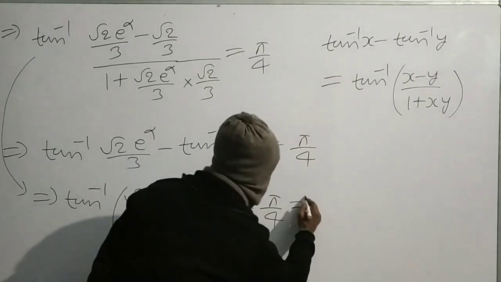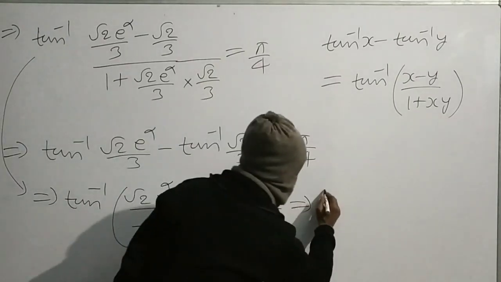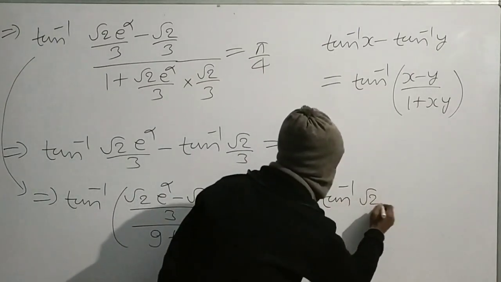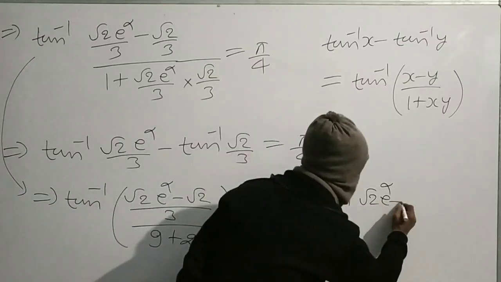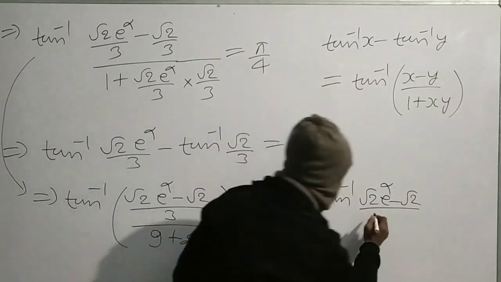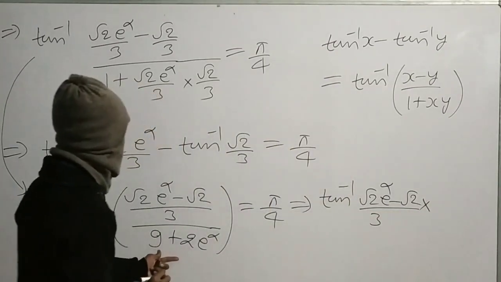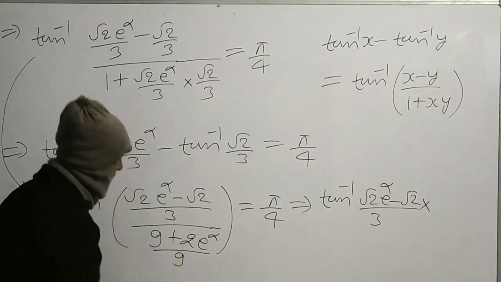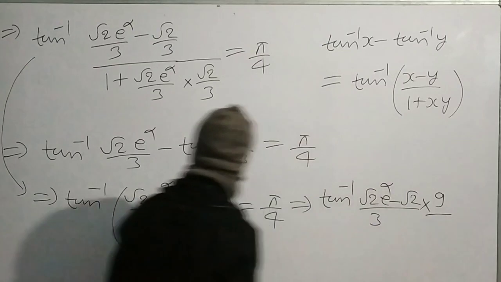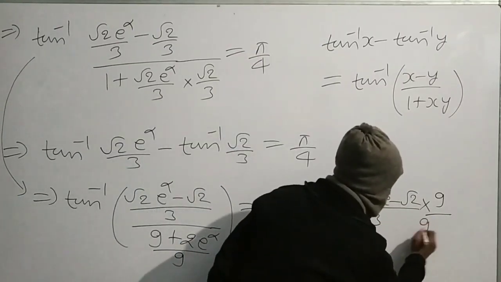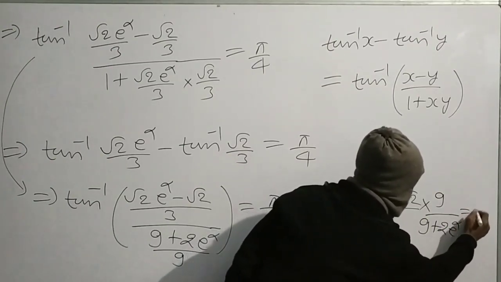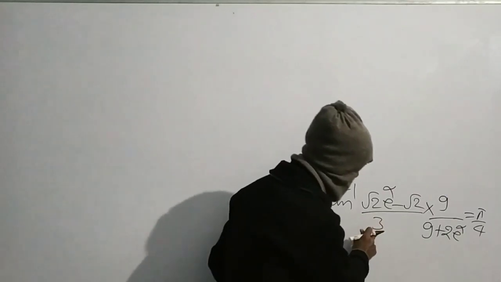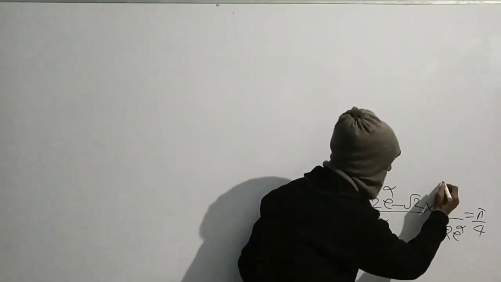This implies tan inverse root 2 e to the power alpha minus root 2 by 3 times this divided by 9 by 9 plus 2 e to the power alpha is equal to pi by 4. This 3 will cancel 9 and leave 3.